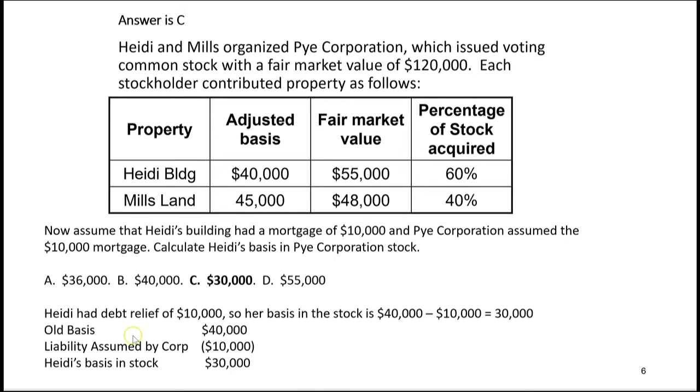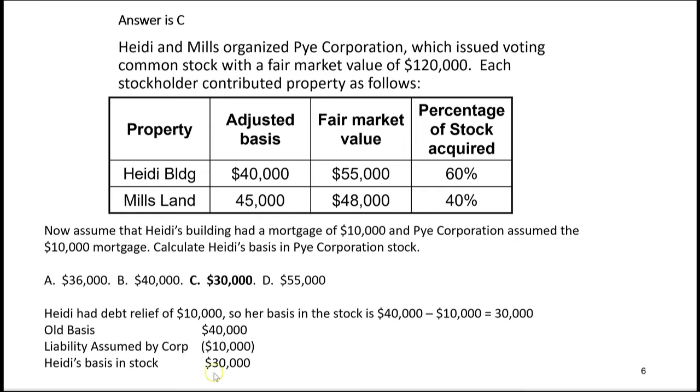No, but it'll start out at $40,000 and then we're going to subtract from her basis the liability assumed by the corporation because Heidi got debt relief here. Heidi's being relieved of this mortgage by the corporation. So that's going to take her basis down from $40,000 down to $30,000. Heidi's basis in the stock will then be $30,000.